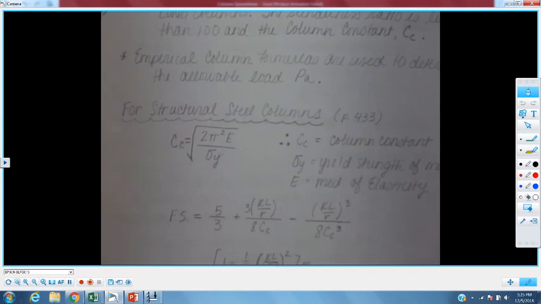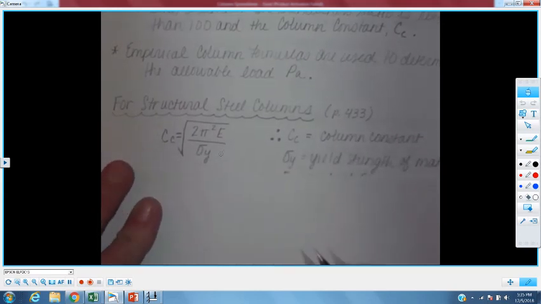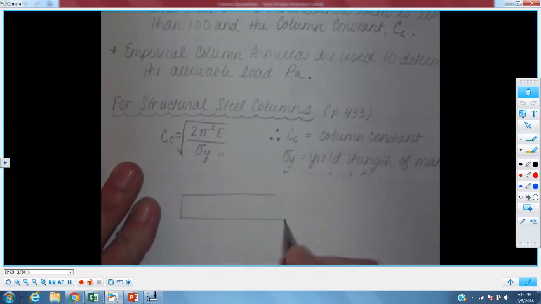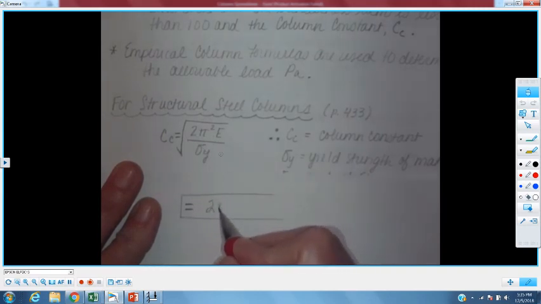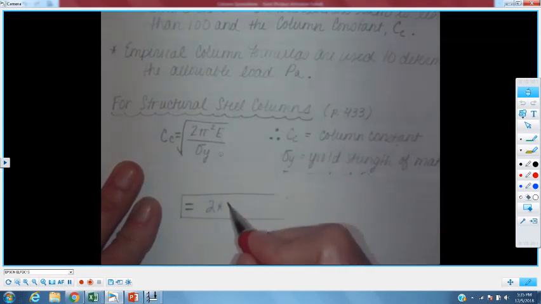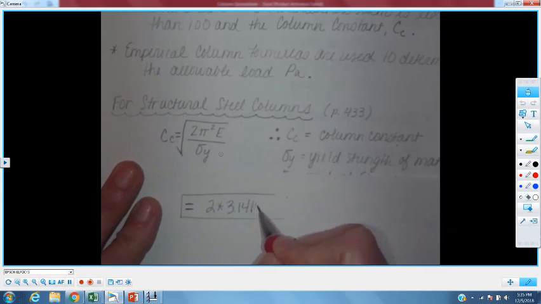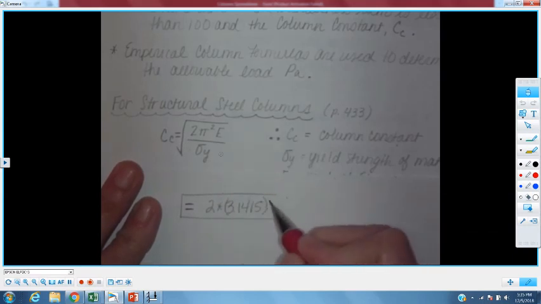Now, I will rewrite it in Excel. We have to get it all in one line. So as we input into our cell here, we're going to click on the cell, and we're going to start with the equal sign to put it in function mode. We're going to do the top line first, 2 times pi. Now remember, we're going to use 3.1415. Now we need to square that value, so we put parentheses around it to the second power.